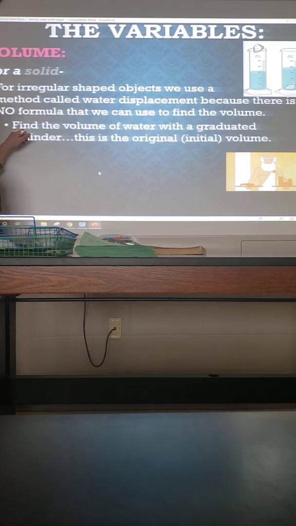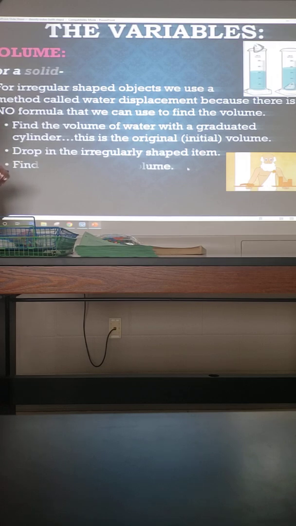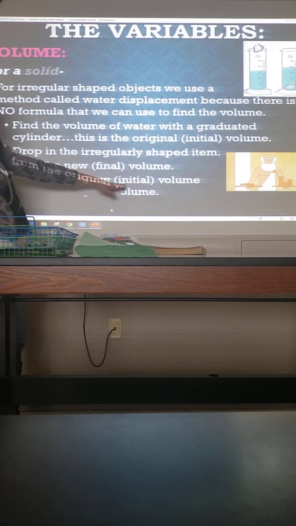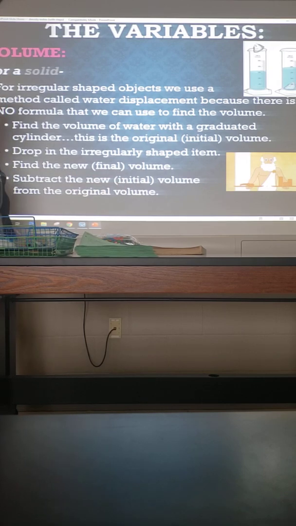You find the original volume of that water, and then we drop in the irregularly shaped object, and then we can find the new volume, or that final volume. And so if we subtract the original from the final, that should be final right there.